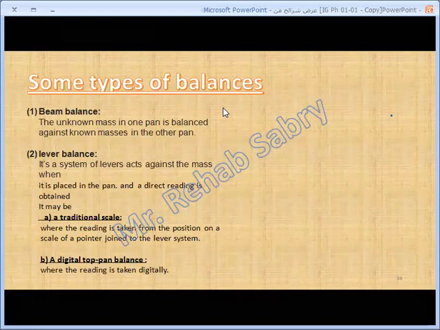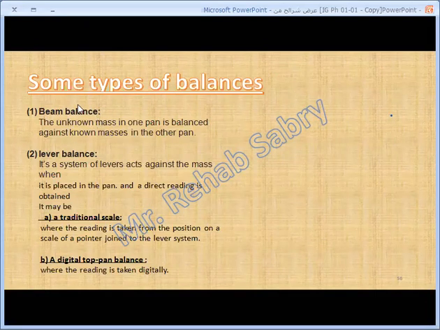We have two main types of balance. One is the classical one, the famous shape of balance with two pans. This is called the beam balance.